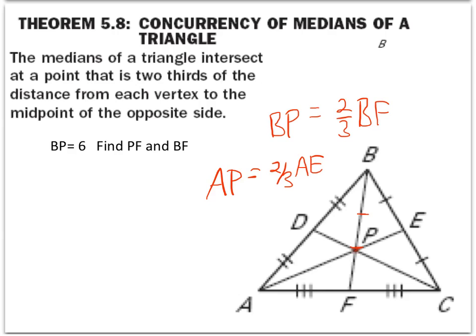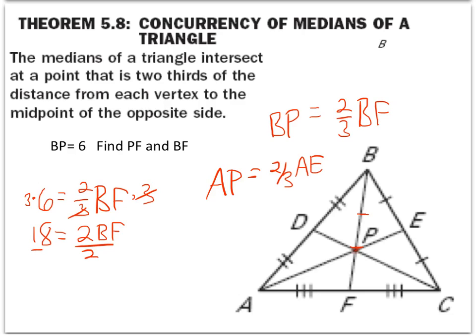So as an example, if BP is equal to 6, what we have is that 6 is equal to 2/3 of BF. So we can solve. Multiply both sides by 3. And we get 18 is equal to 2BF.